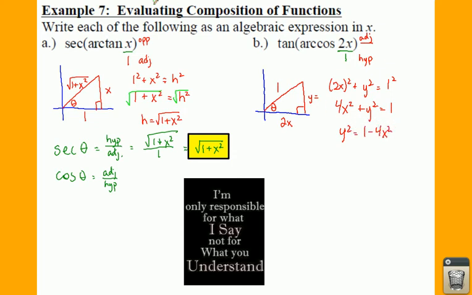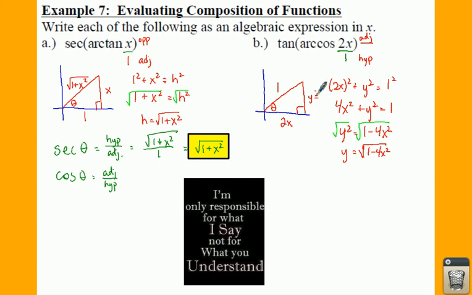When you find the square root of both sides, do not find the square root of 1 and the square root of 4x squared and say, oh hey, this is just 1 minus 2x. No, no, no. You cannot simplify it that way. So your y is actually radical 1 minus 4x squared.